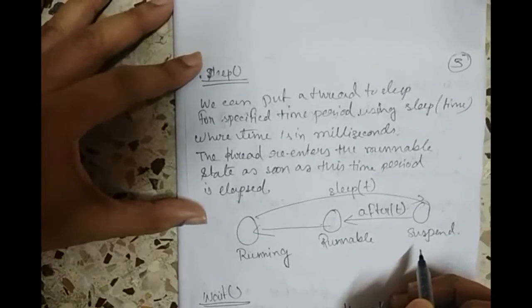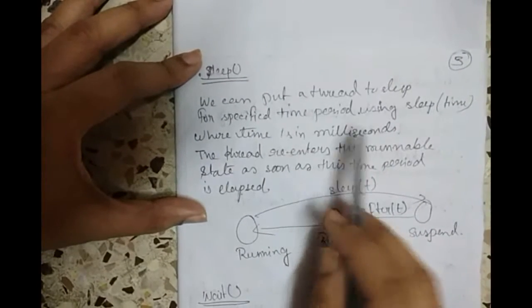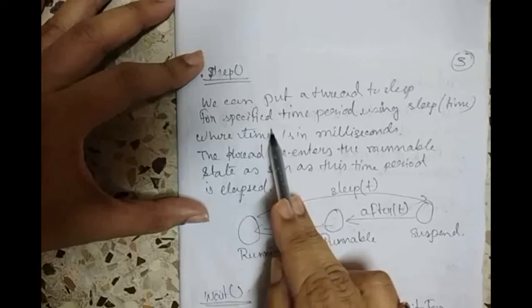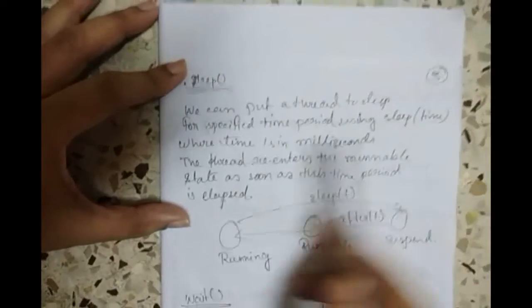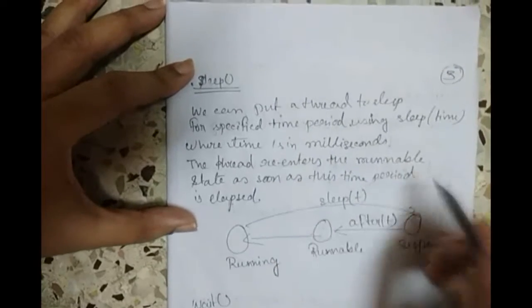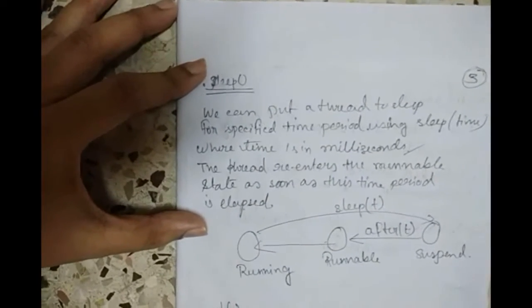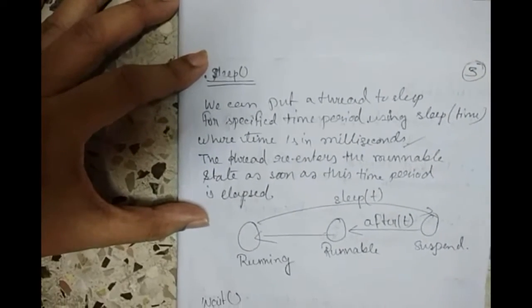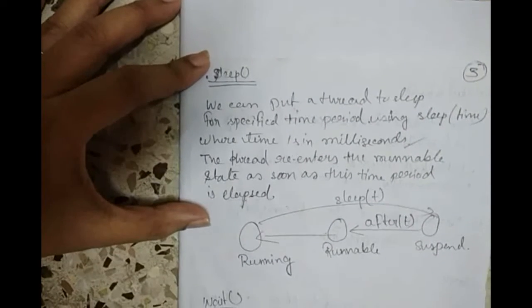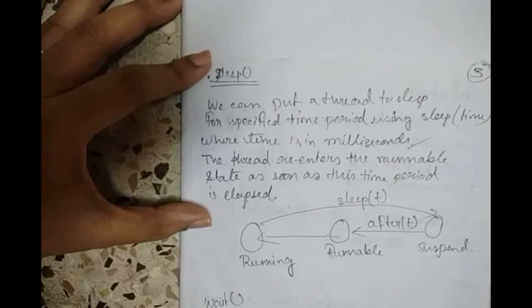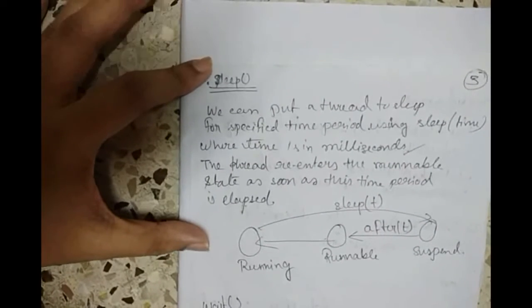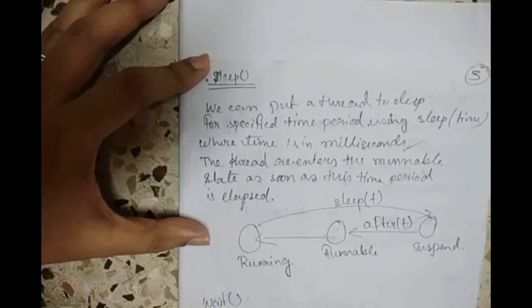We discuss the sleep method. We can put a thread to sleep for a specified period of time using sleep(time), where time is in milliseconds. The thread re-enters the runnable state as soon as the time period has elapsed.